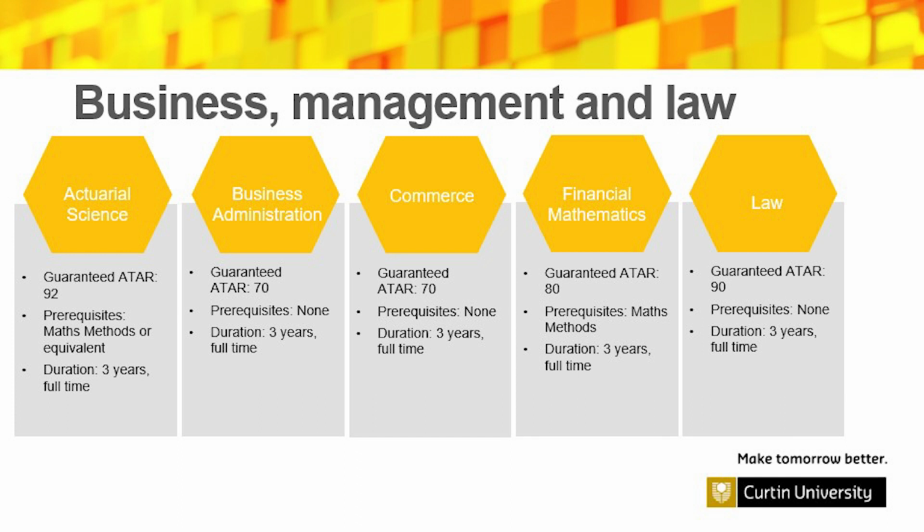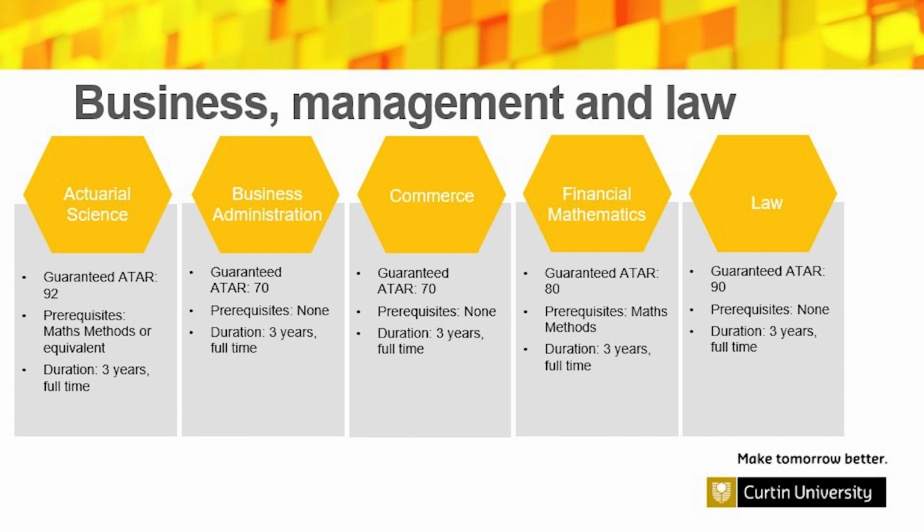So it's a little bit more difficult or challenging a course, and so we do put an ATAR requirement on that of 92. You will need to pick at least maths methods, if not specialist, which is a little bit higher, or equivalent to that. And beyond that, you will also need to get that English competency.